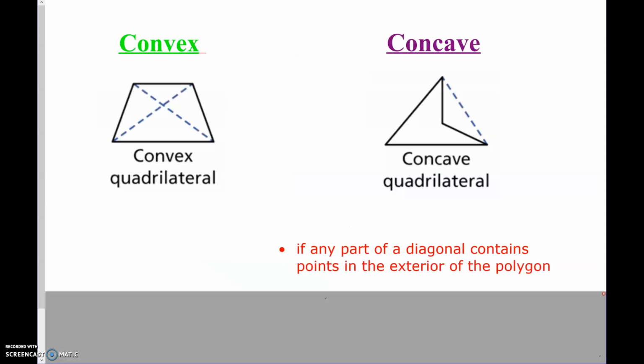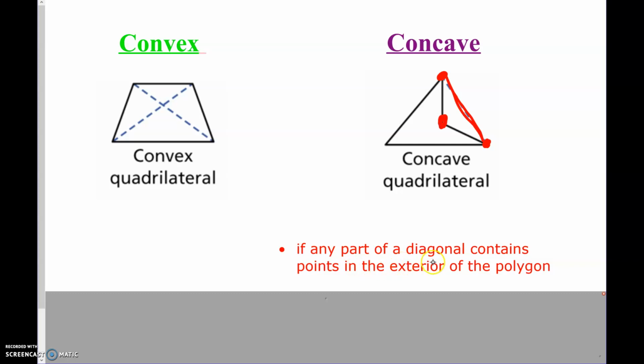So now when we look at convex and concave polygons, if you draw a diagonal, here's the consecutive vertex, and this one would be non-consecutive. So when I draw this diagonal in, if any point of the diagonal is on the exterior of the polygon, then that is considered to be concave.